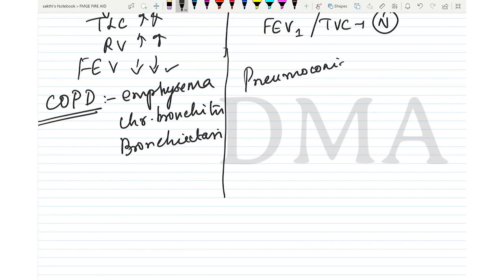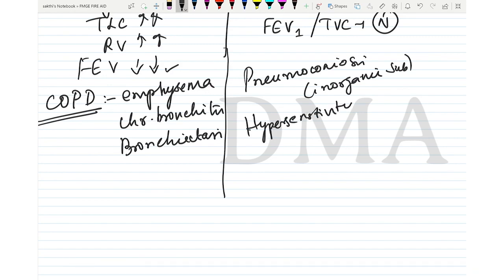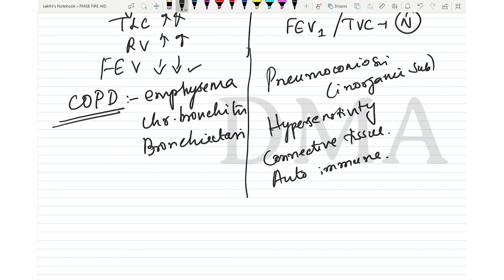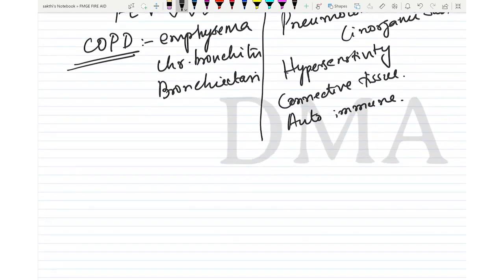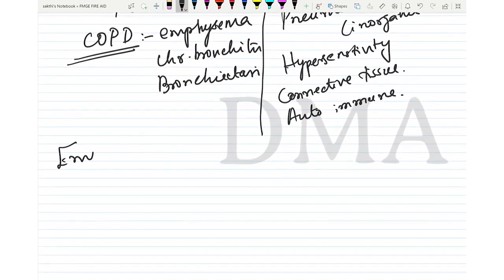Okay, so coming on to emphysema. So what is emphysema? Abnormal enlargement of the alveoli is what is called emphysema. You have 4 main types of emphysema. You have centriacinar emphysema. It most commonly affects the upper lobes, most commonly seen in smokers.